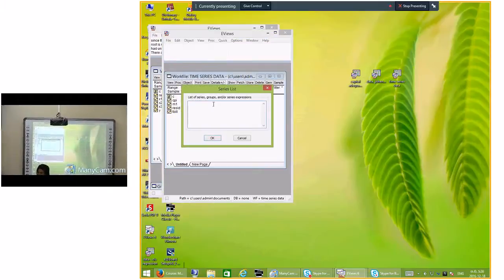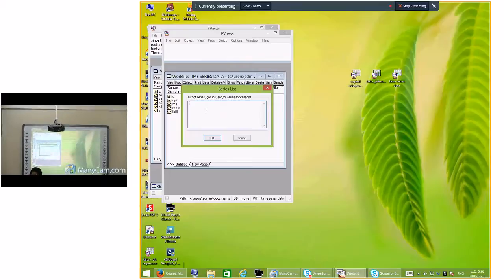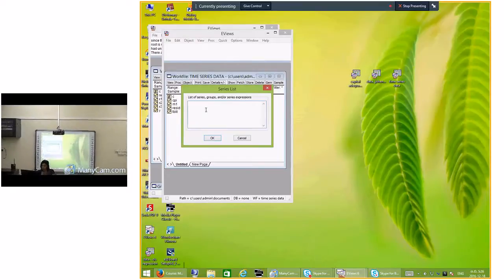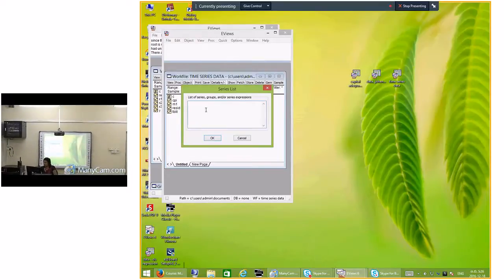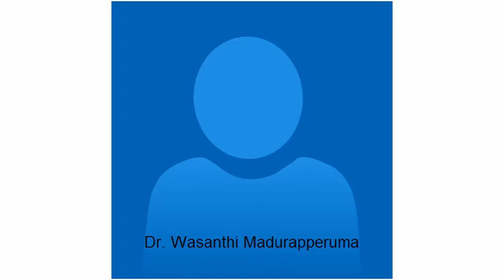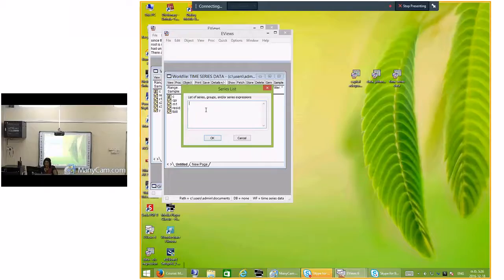Quick, graph. Then you need to give all the variables, list all the dependent and independent variables. Our variables are treasury bills, CPI and money supply.